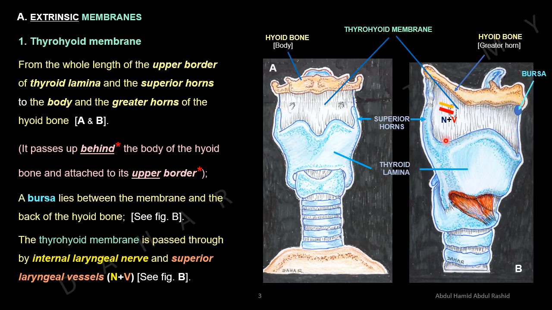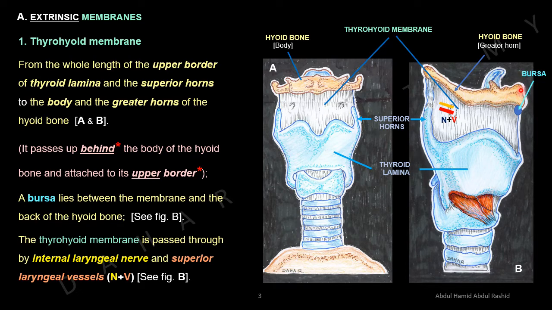This membrane goes up behind the body of the hyoid bone and is attached to the upper margin of the body of the hyoid bone. Here you have to remember that the membrane goes up behind the body and attaches to the upper border of the body of the hyoid bone.